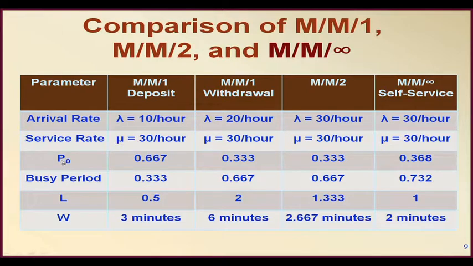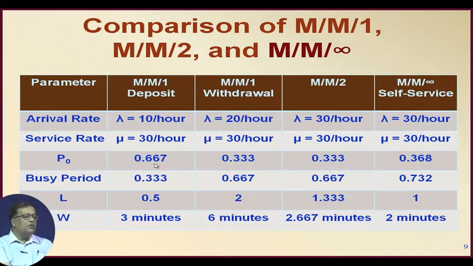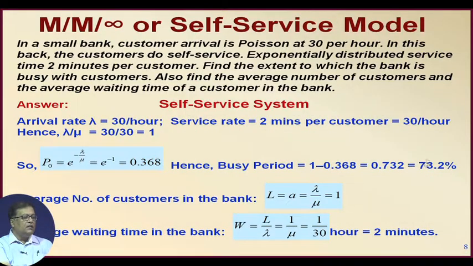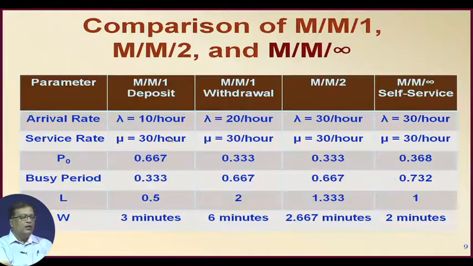Now for the P0 formula, this becomes 2 by 3, this becomes 1 by 3, because P0 is 1 minus rho. So P0 is 2 by 3, this is 0.333 and this is 0.368. How is this 0.368 obtained? P0 is e to the power minus lambda by mu, e to the power minus 1, that is 0.368, since lambda by mu is equal to 1.